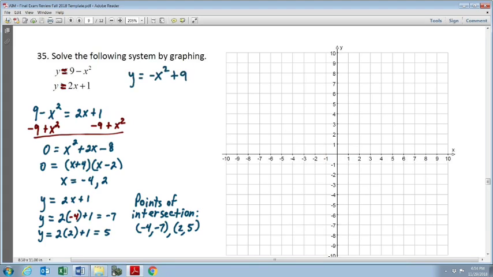I'm going to go ahead and put the minus x squared first. Now the parent function here is y equals x squared. Y equals x squared would look like this. But we have a minus in front of it, so it's actually going to look like that.